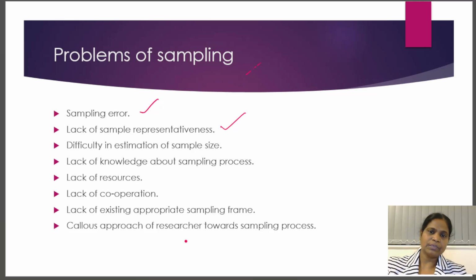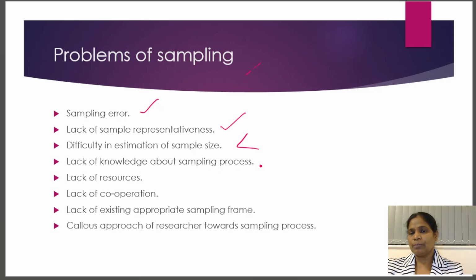And sometimes if we do not select the appropriate sampling technique, it lacks sample representativeness, and as a result there is difficulty in estimation of sample size. There is a formula for selecting the sample size. How much the sample size needs to be, I'll discuss in my next video as well. You should be aware of how much sample to select according to the population.